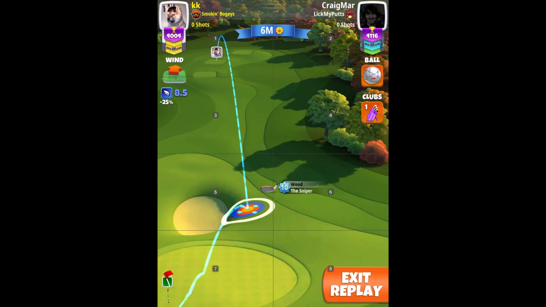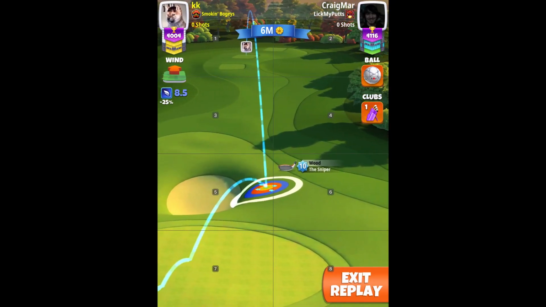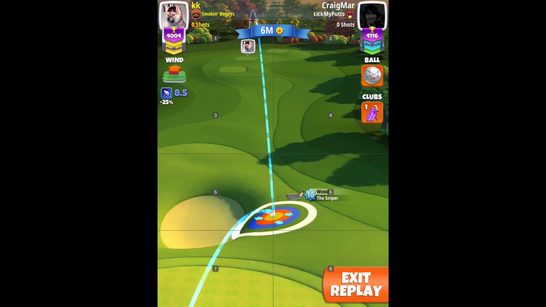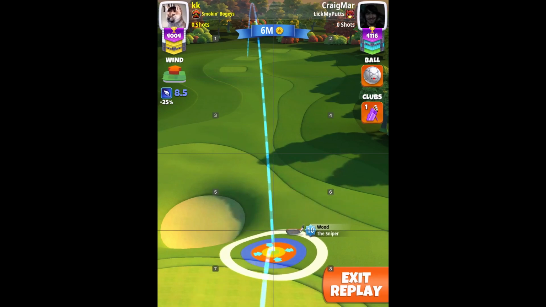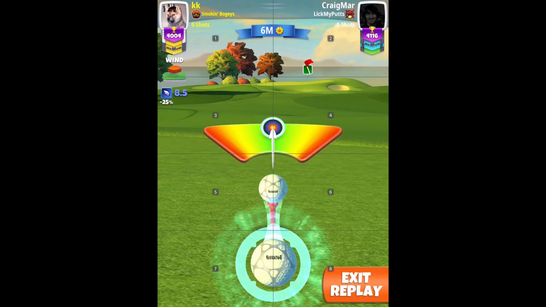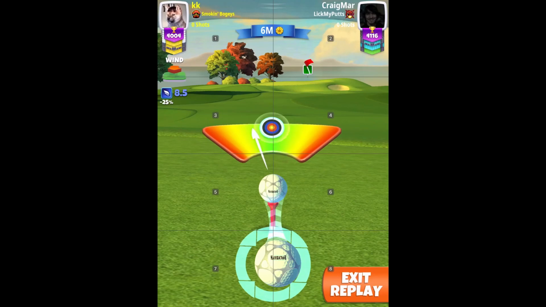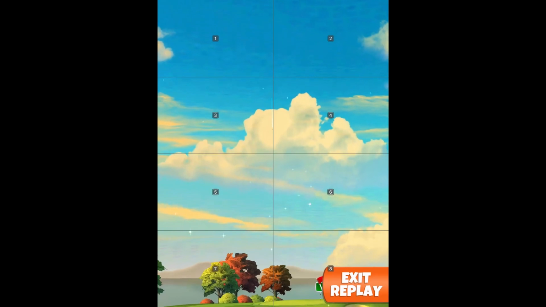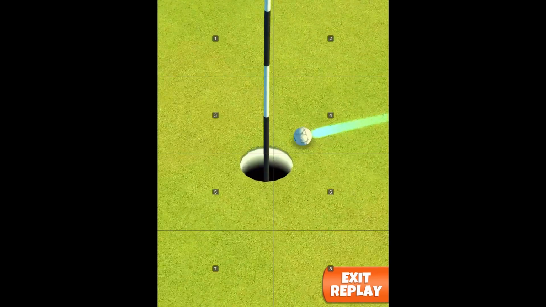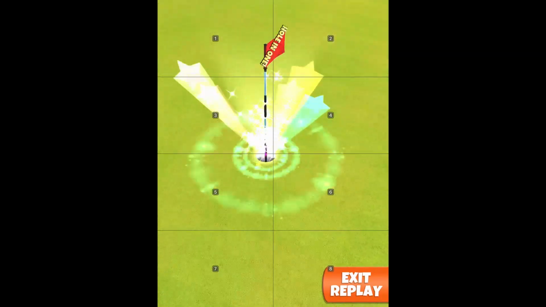Here I did plus 20% max. Inner circle right curl. For the HIO.